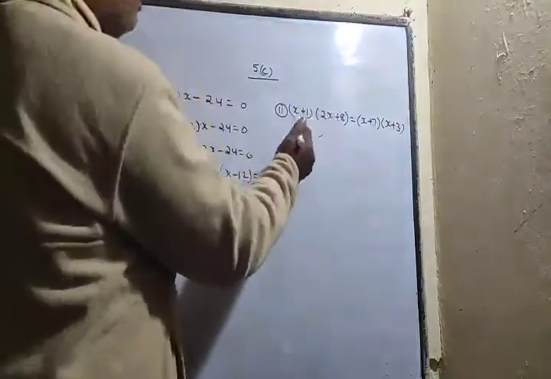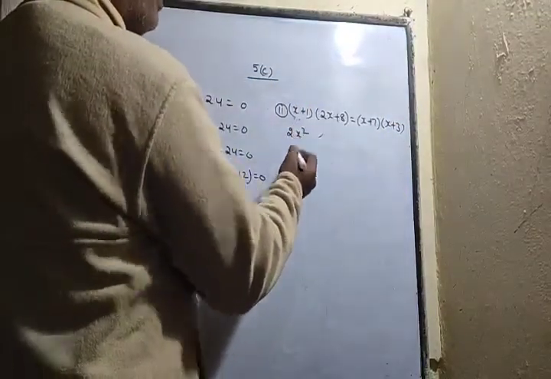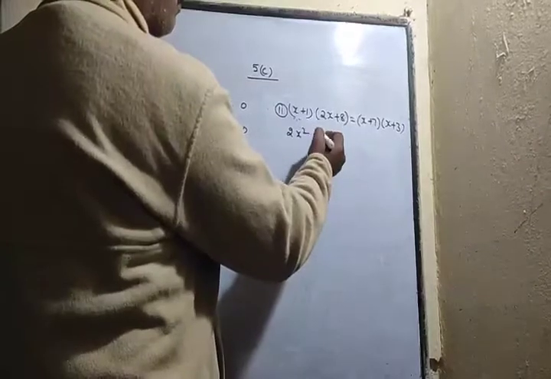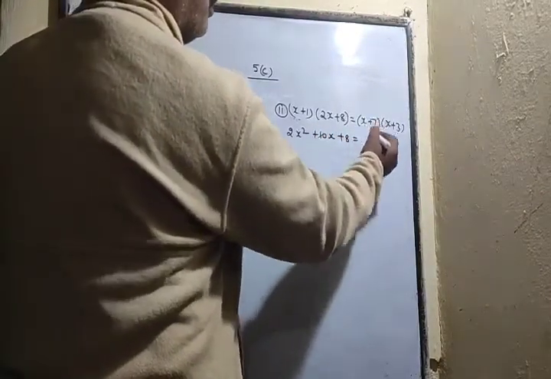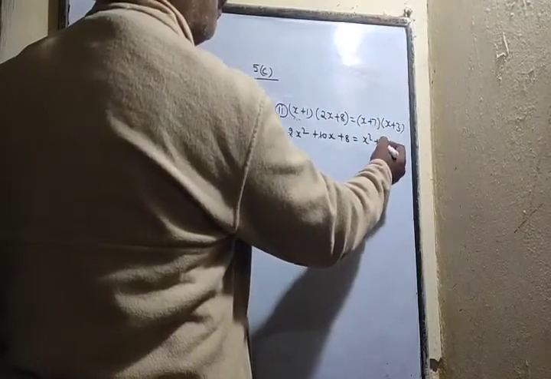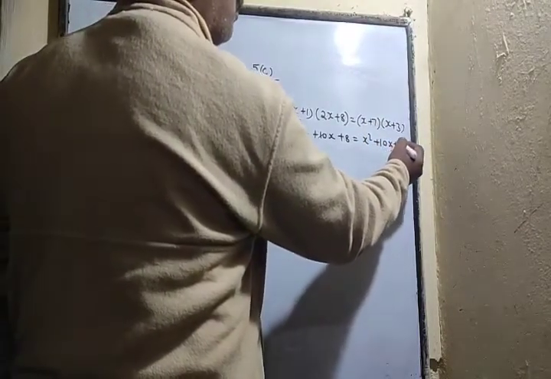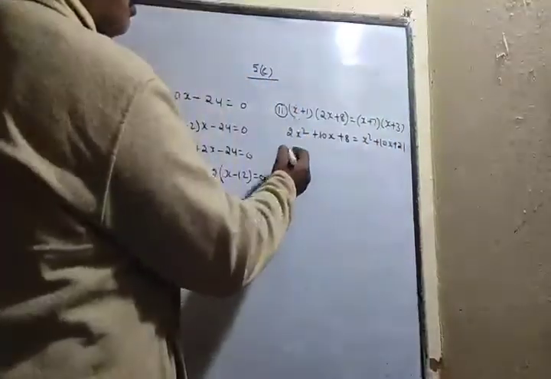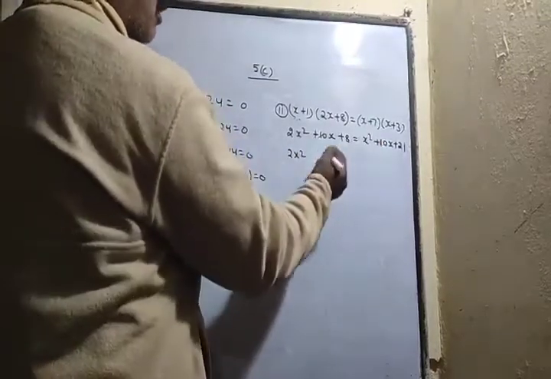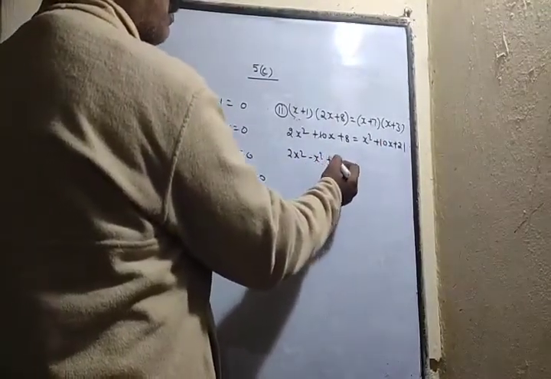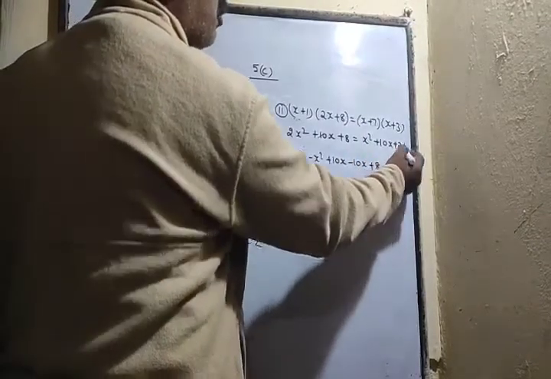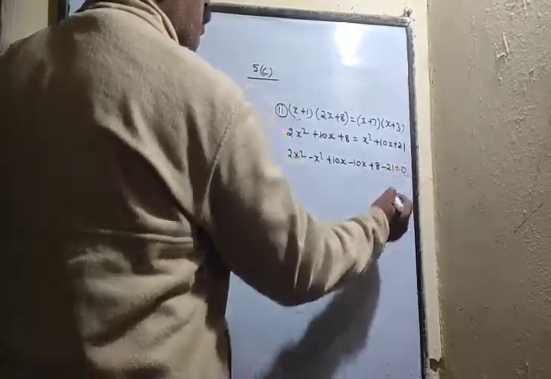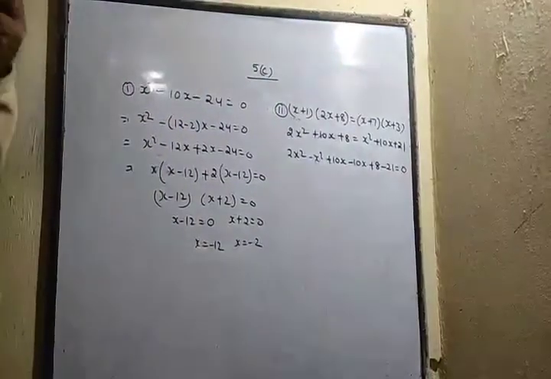When you solve it, it will be 2x square plus 10x plus 8, that is equal to x square plus 10x plus 21. So 2x square, this x square will come this side, plus 10x bring this side, plus 8, this 21 will come this side. We have transposed the right hand side to the left hand side.